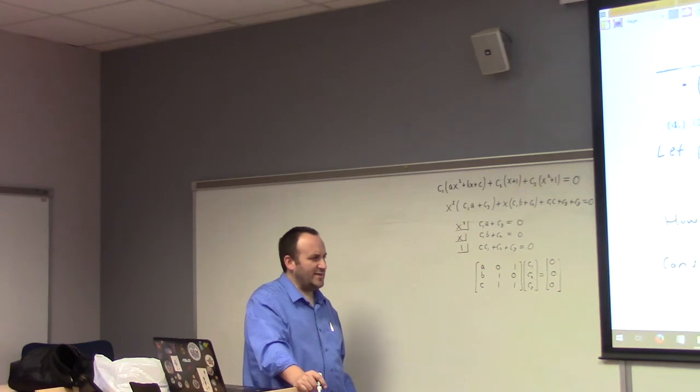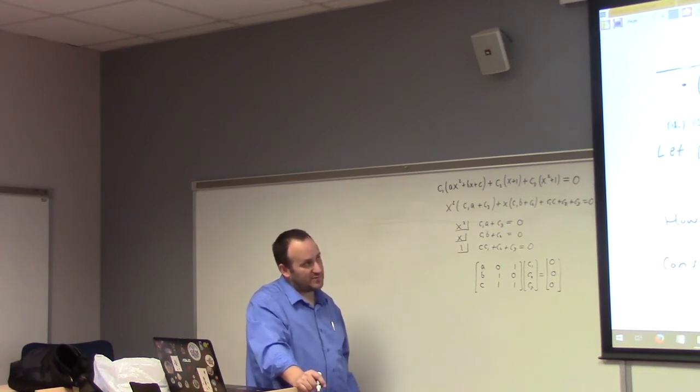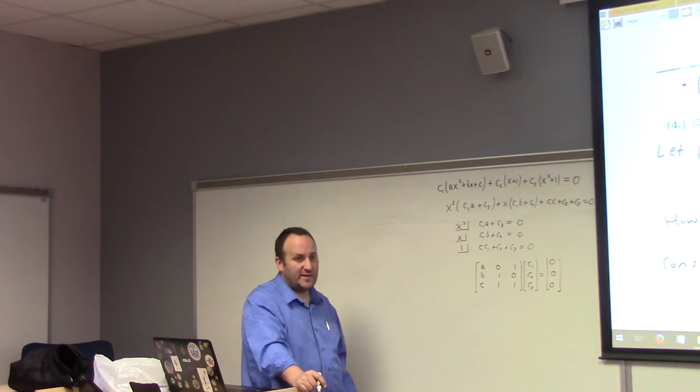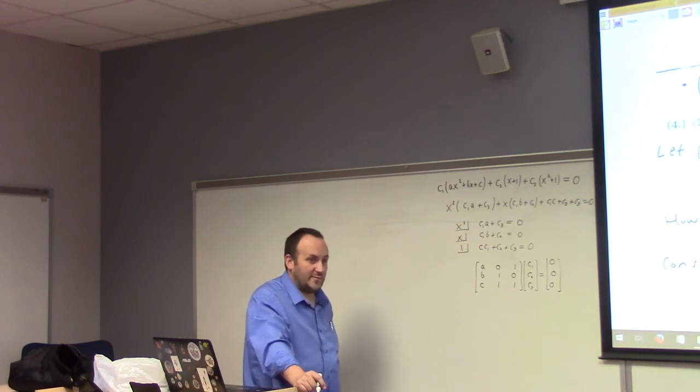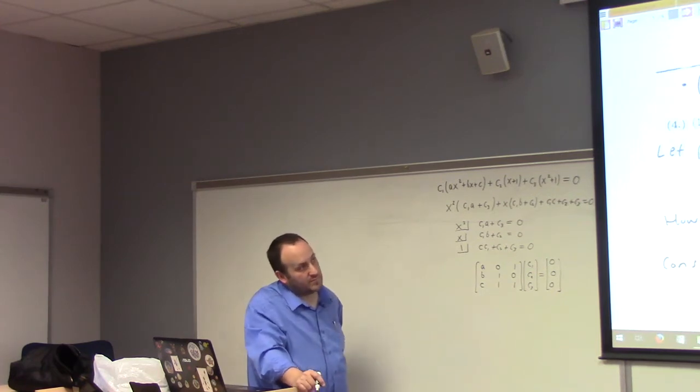Put a, b and c all equal to 1, that gives you non-zero, right? So for example, if you put x squared plus x plus 1 into the first entry, that gives you a basis. But this question doesn't intend for you to give me one example. I want to know a condition on a, b, c which will characterize all possible choices for that to be a basis.